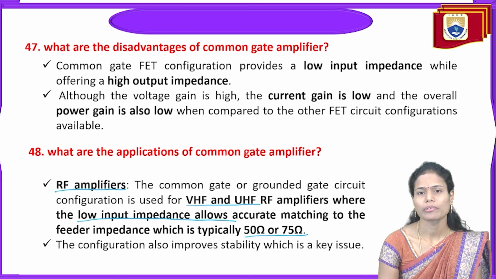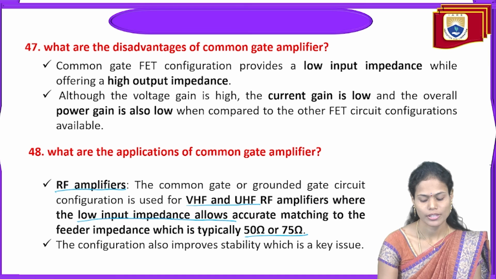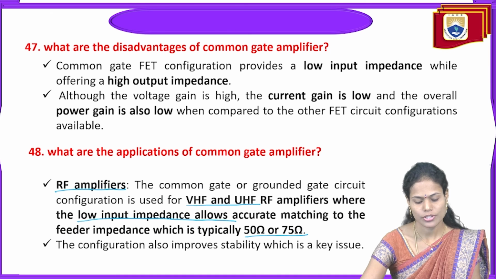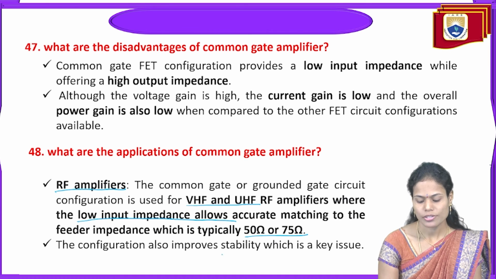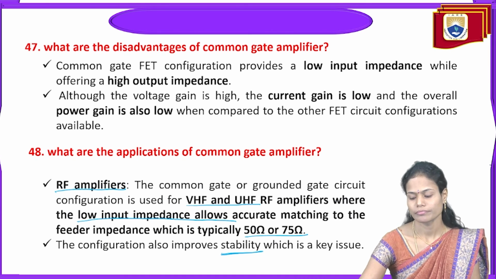These common gate amplifiers are also used to provide impedance matching between the stages in multi-stage amplifiers. These configurations also improve stability, that is, the output signal will not vary.